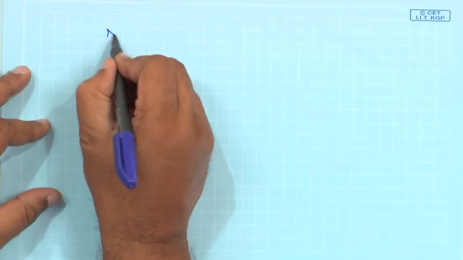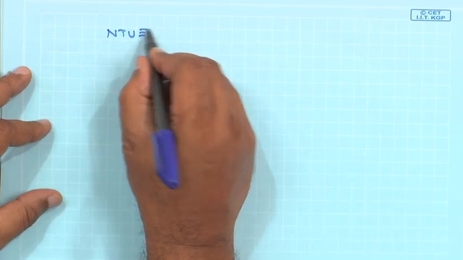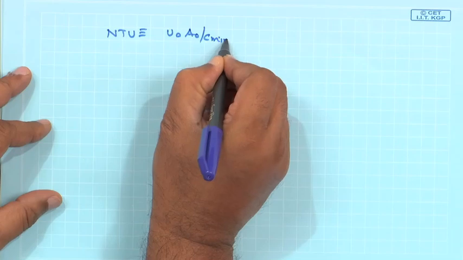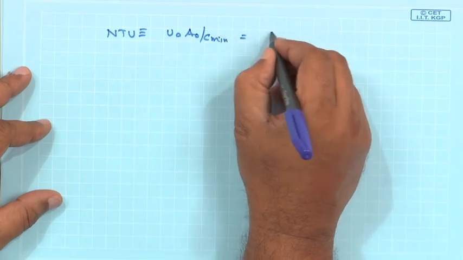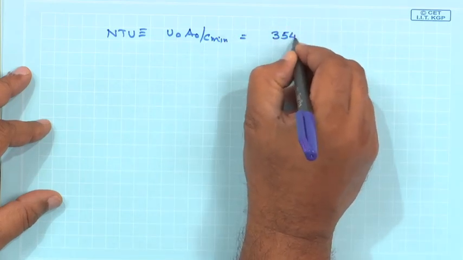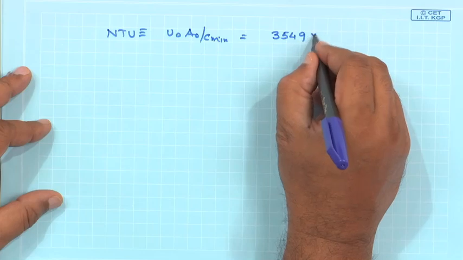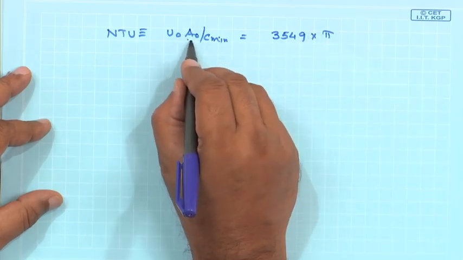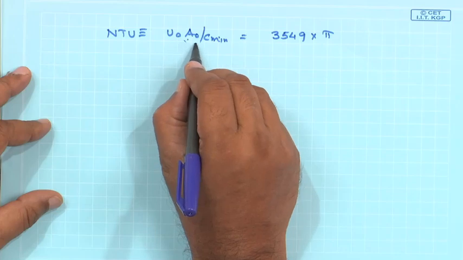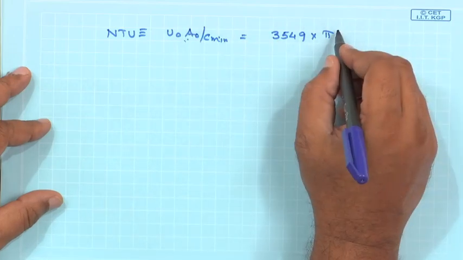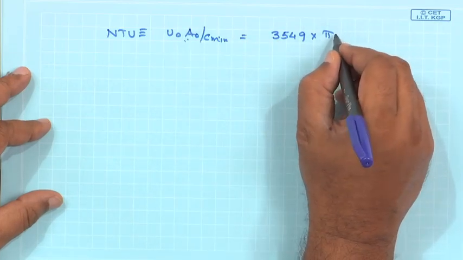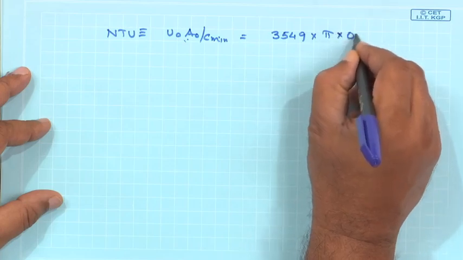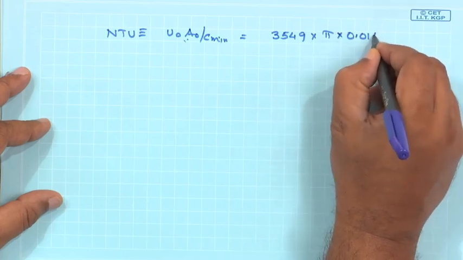So, NTU being defined as U naught A naught by C minimum, which in this case would be 3549 is U naught. The area is not the cross sectional area, this is the area available for convective heat transfer. The area available for convective heat transfer would be pi times d, which is 0.159.